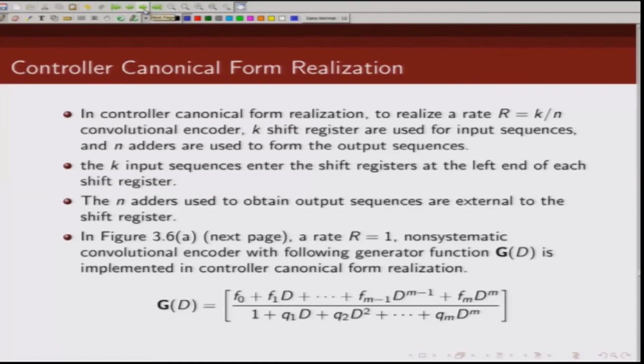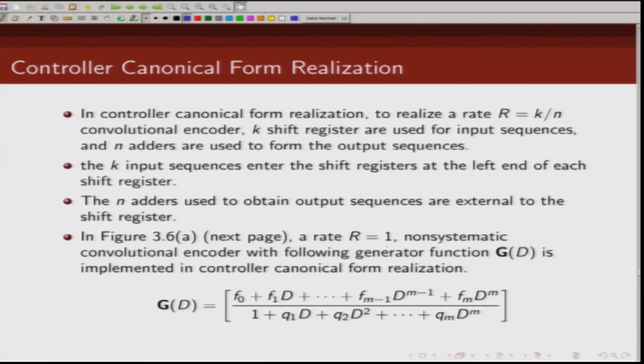Let us take an example of a rate 1 non-systematic convolutional encoder whose generator matrix is given by this. In the numerator you have f0 plus f1D plus f2D square, and so on. Similarly, in the denominator you have 1 plus q1D plus q2D square, and so on. How can we implement this using controller canonical form realization? Let us go back. We are going to use k shift registers.